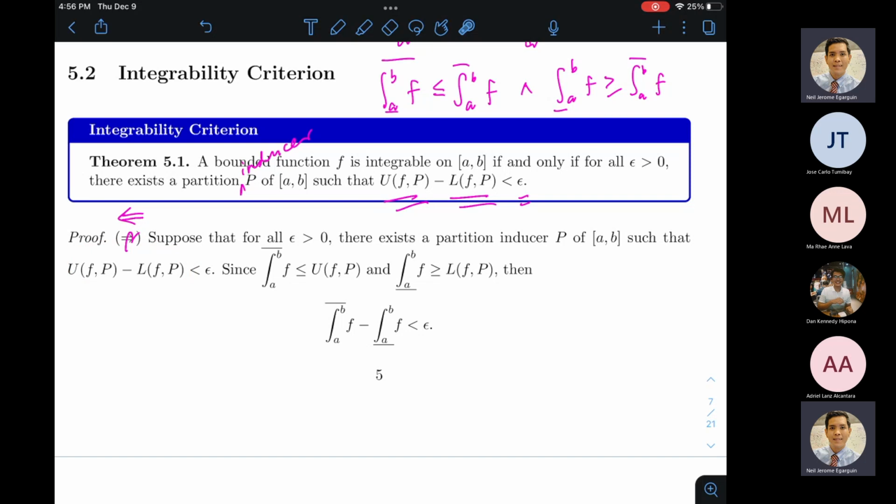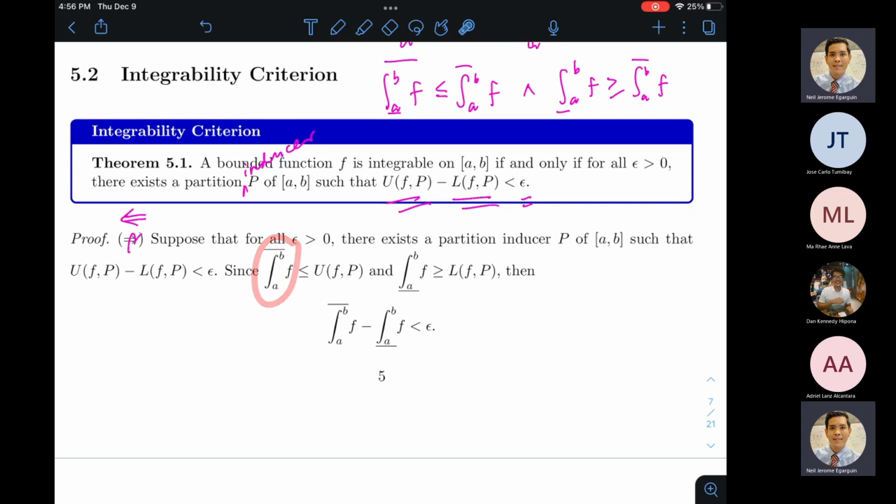So we need to connect those two ideas, upper and lower Riemann sums and upper and lower Riemann integrals. One obvious property between these corresponding pairs is that the upper Riemann integral is less than or equal to any upper Riemann sum, being the infimum.